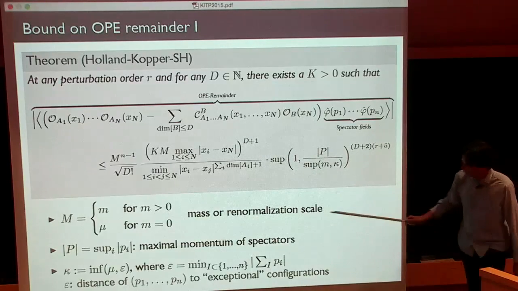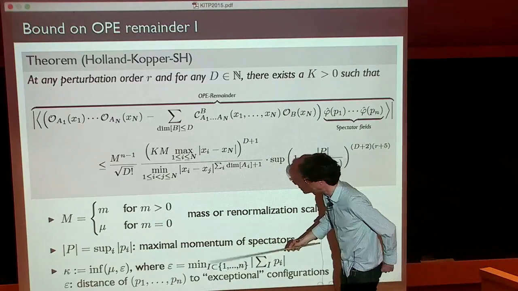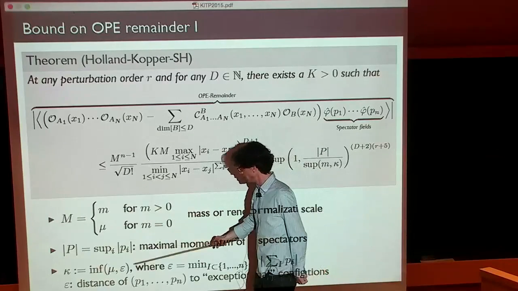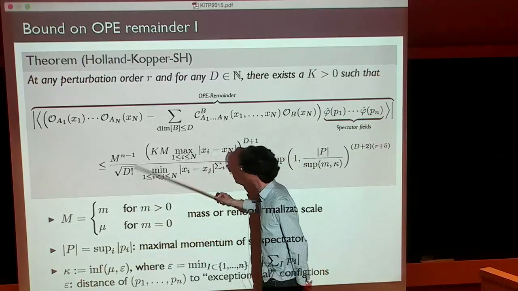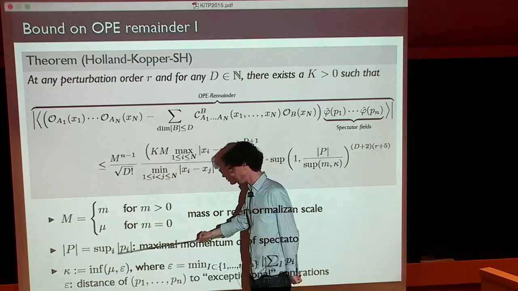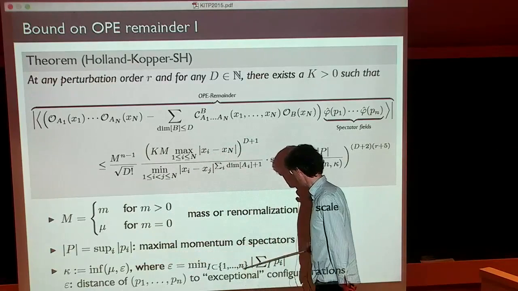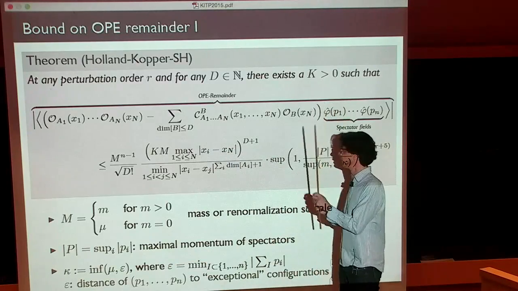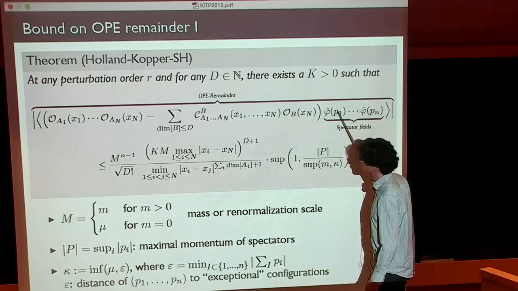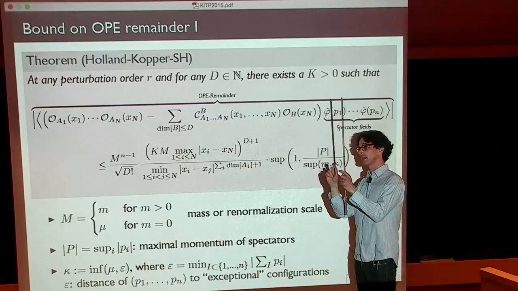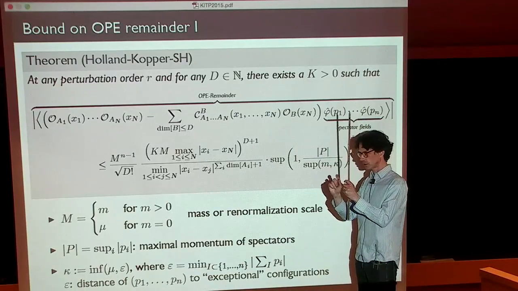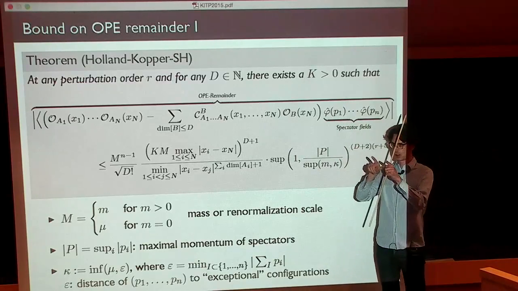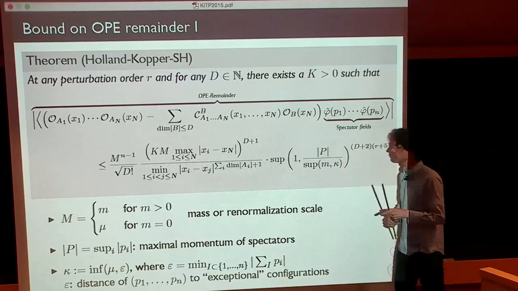And the kappa, which you asked about, has the dimension of an energy, and it's the infimum of the renormalization scale, usually the mass. And then you have in massless theory the phenomenon of exceptional momenta. If some subsets of these momenta add up to 0, that you call an exceptional configuration. If you do amplitudes, you always get some bad infrared divergence.